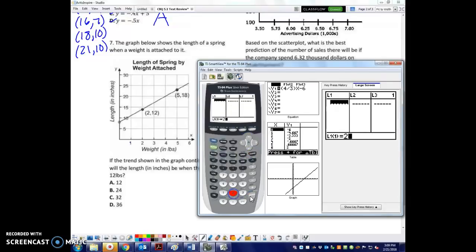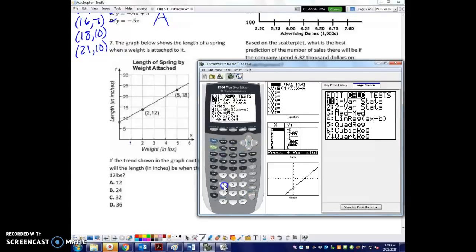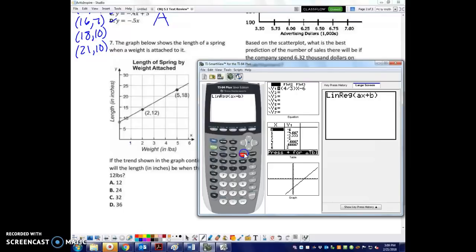So we have 2 and 12, and then we have 5 and 18. Okay, stat, over to calc, 4. Now remember, we can do vars, over to y vars, pick y1, and put that into y equals. So we have 2x plus 8 in y equals.